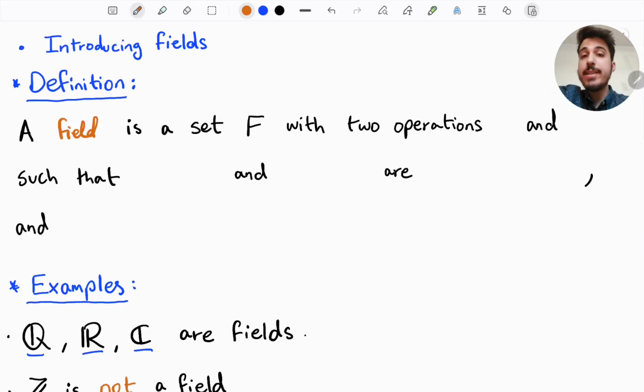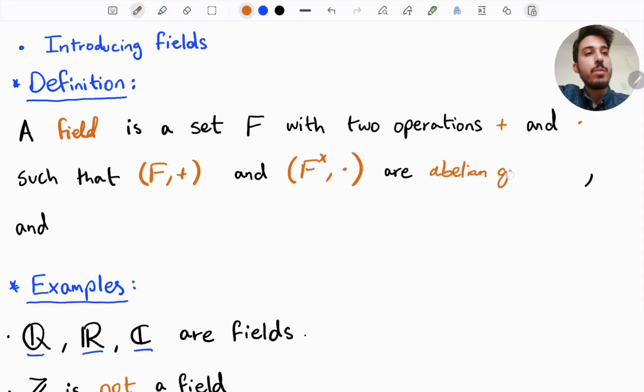A field is a set F with two operations, not one, like groups, two operations, plus and multiplication, such that F with plus and F cross with multiplication are both abelian groups.